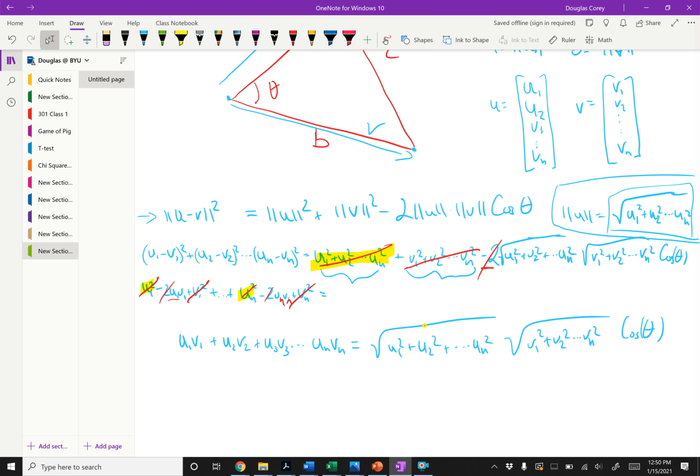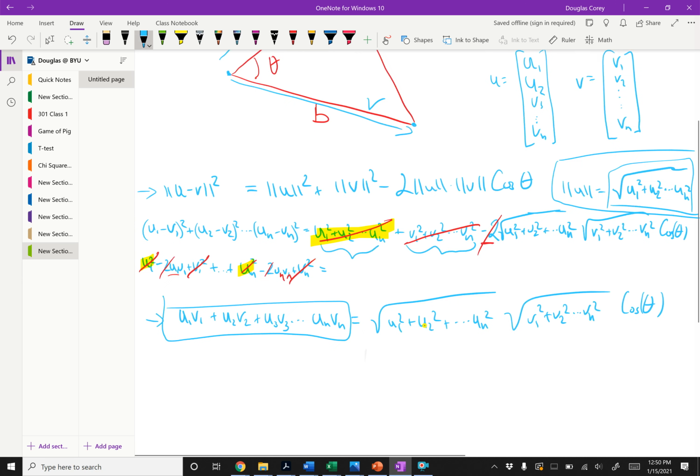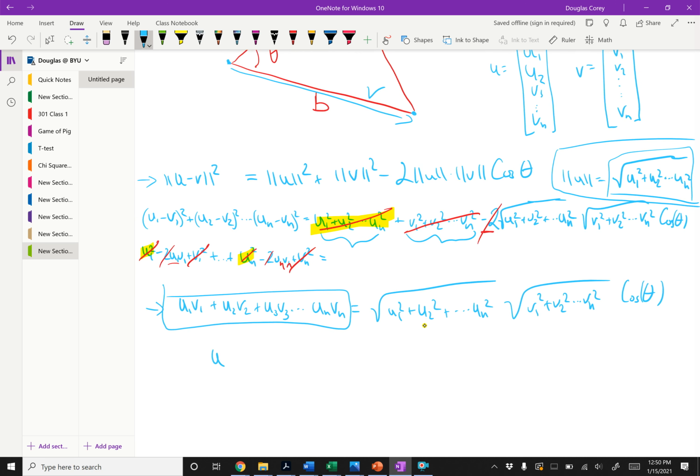Well, look at this side. What do we have over here? What does that look like? Well, you multiplied pairs and you added them up. That is the dot product. So that is just the vector u dot the vector v, or we could write it out as u1, u2 dot dot dot un dot v1, v2 dot dot dot vn.